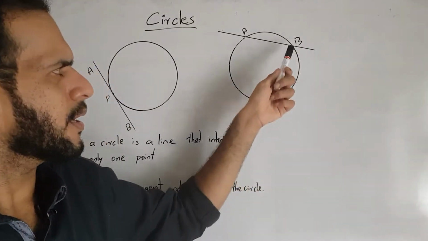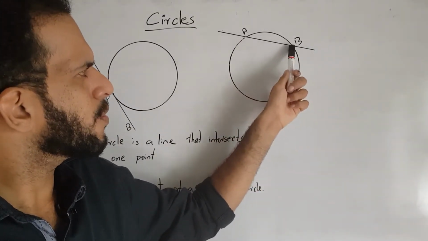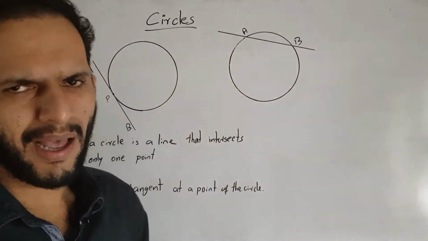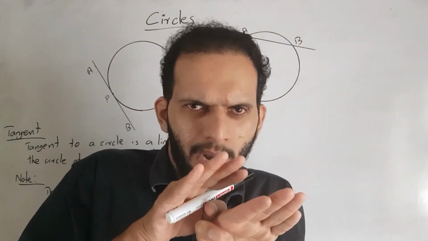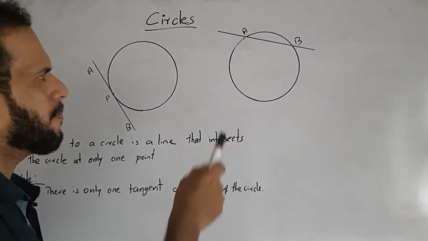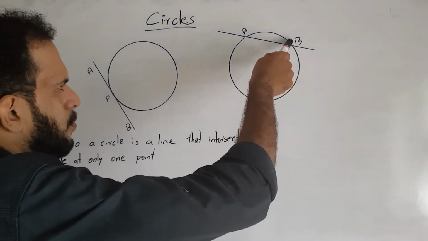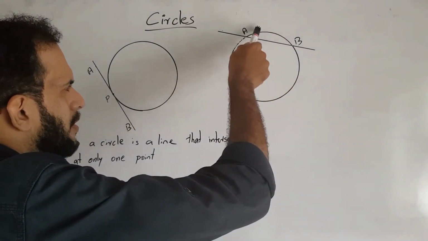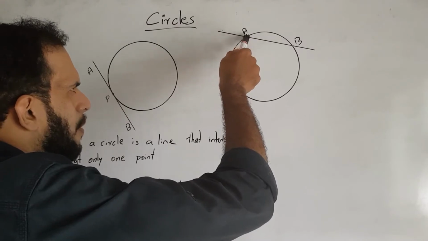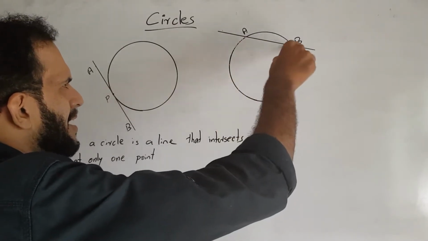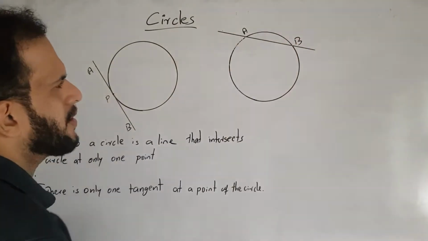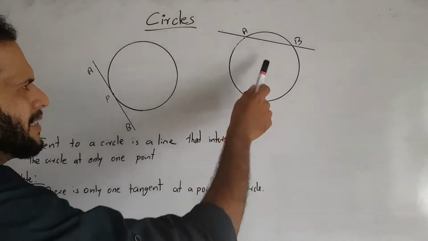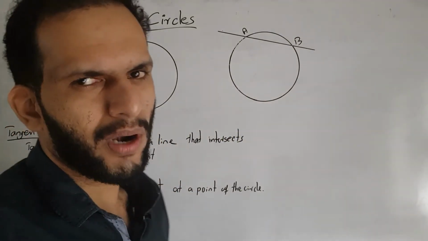So the two endpoints of the chord coincide. If B just moves from here to here and comes exactly above the point A, then the line comes totally outside the circle. That time we get a tangent.